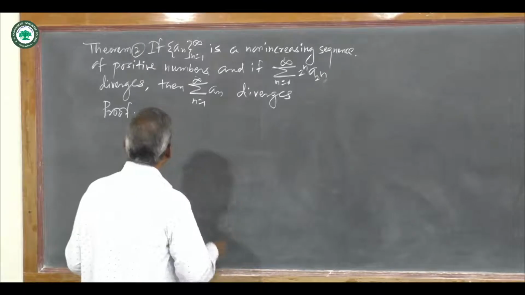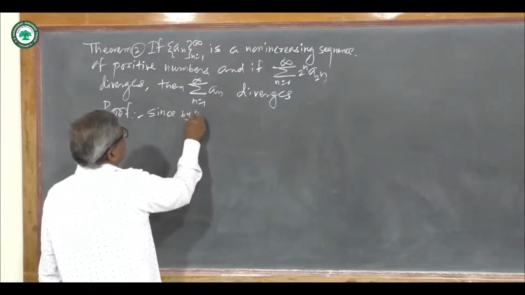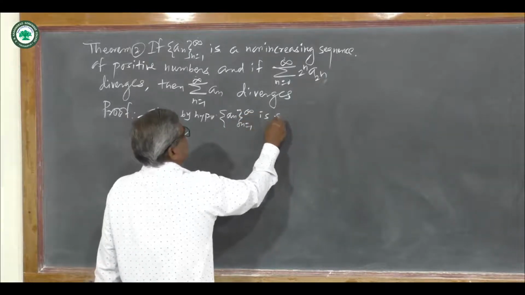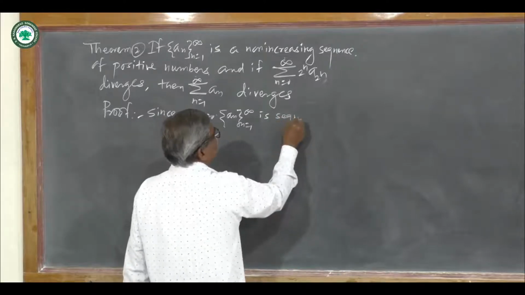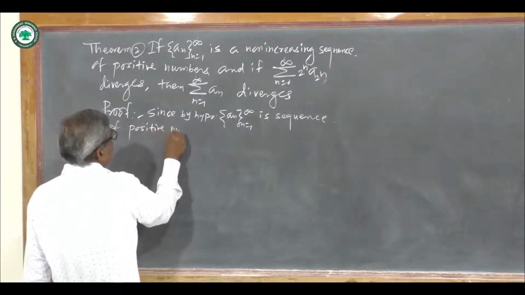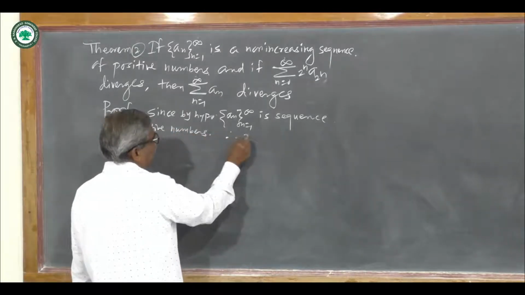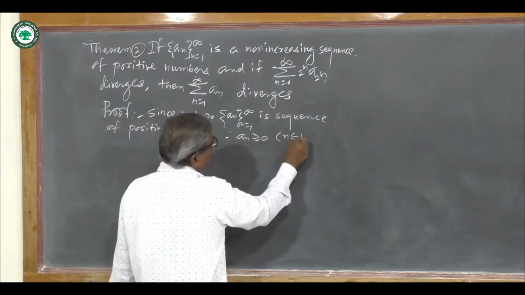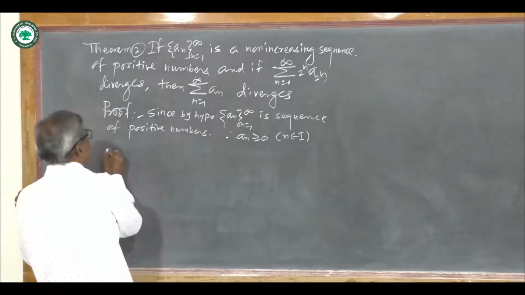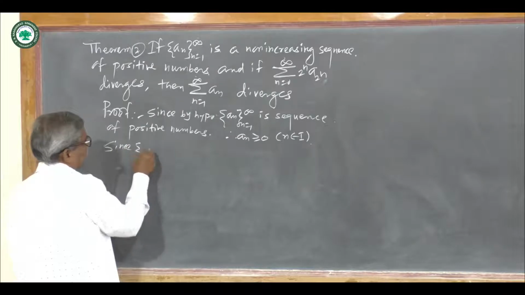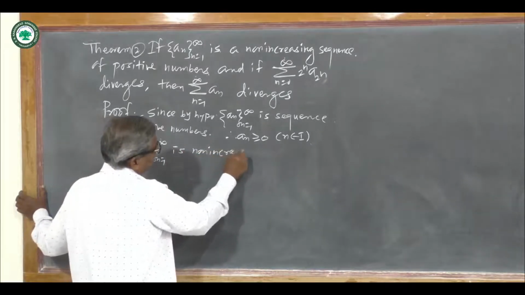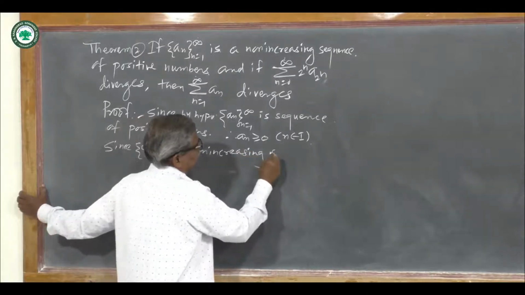Since by hypothesis the sequence a_n, n equal to 1 to infinity is a sequence of positive numbers, therefore a_n is greater than or equal to 0 for every positive integer n belongs to I. Also the sequence a_n is a non-increasing sequence.